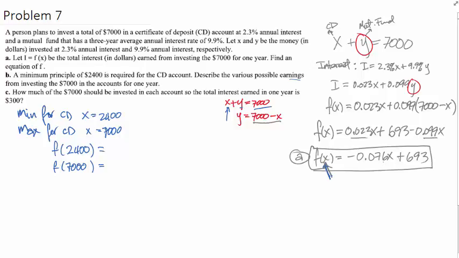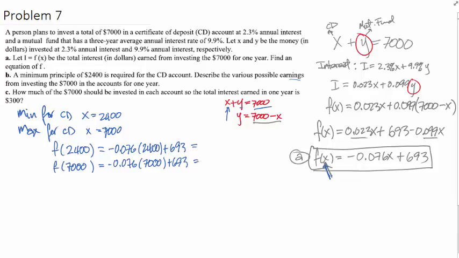So we have negative 0.076 times 2,400 plus 693, and negative 0.076 times 7,000 plus 693.